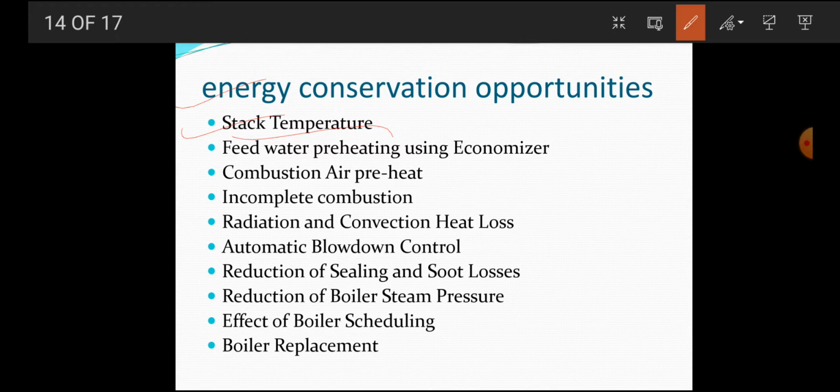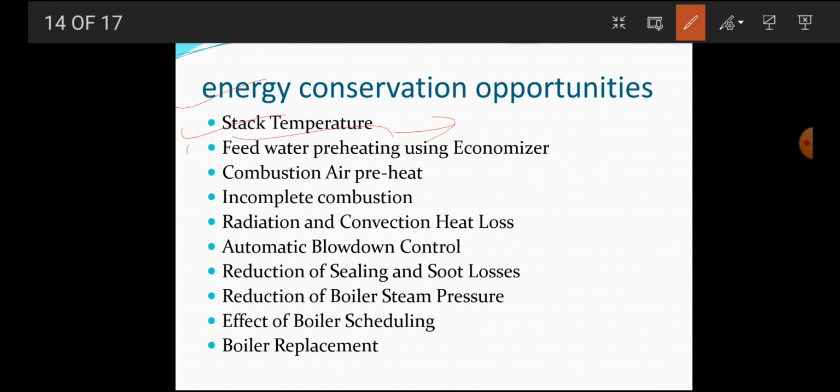A stack temperature greater than 200 degrees Celsius indicates potential for recovery of waste heat, and this is important for fuel containing significant sulfur, as low temperature can lead to sulfur dew point corrosion. So stack temperature should be kept as low as possible. This is an opportunity where you can conserve energy.